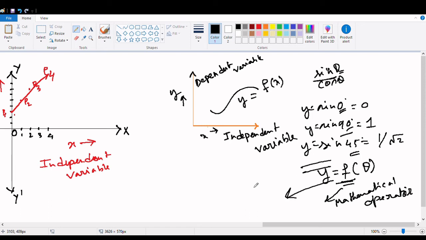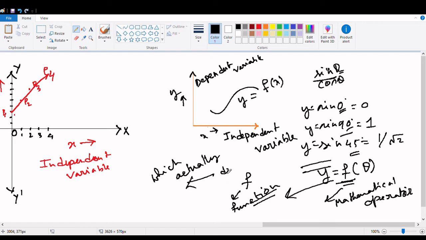This is a mathematical operation known as function, which actually denotes that there is a relation between y and theta.